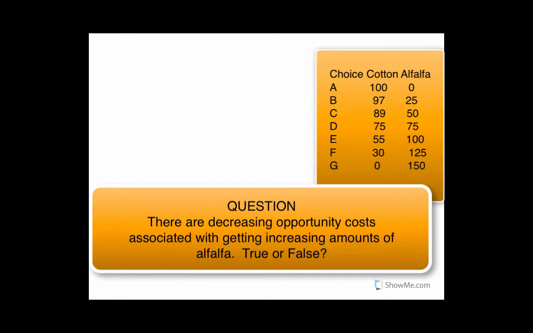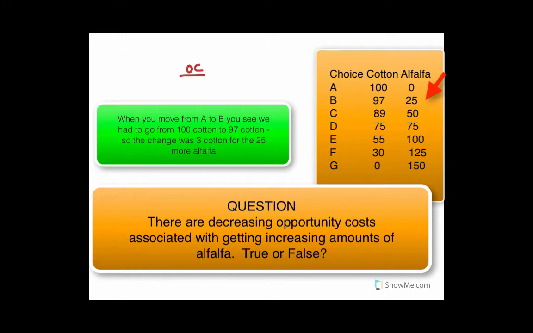Now moving on to another problem. There are decreasing opportunity costs associated with increasing amounts of alfalfa. So we can just list out the opportunity cost here and see if that's true. When we go from 0 to 25 alfalfa, how much cotton do we give up? I'll write a little table here for opportunity cost.